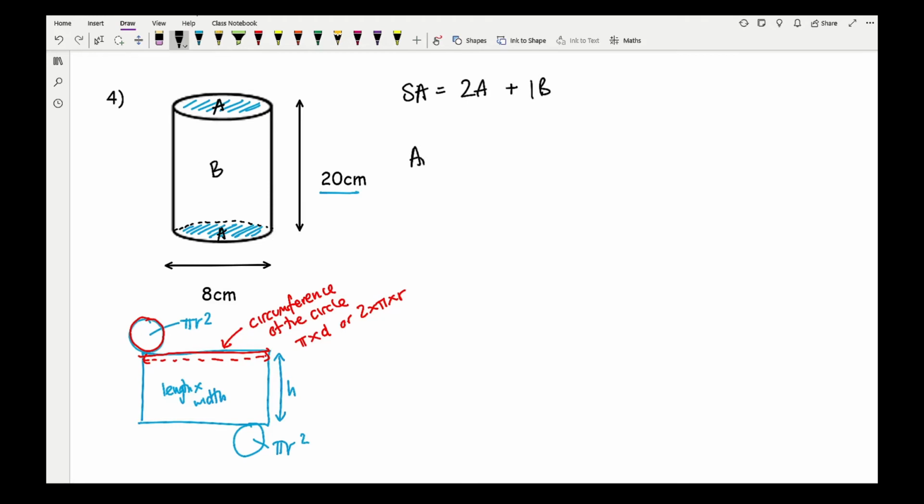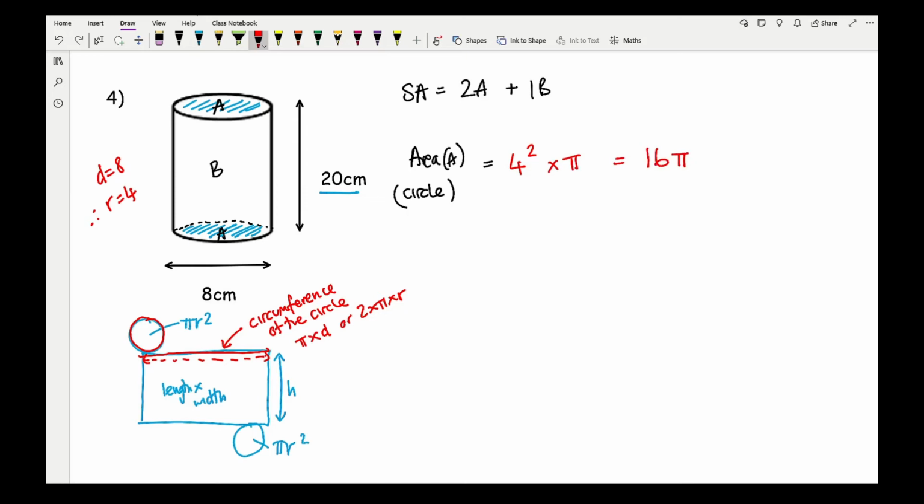Now looking at area A, which is a circle, what I've got is pi times the radius squared. Now the radius of this is going to be, well, if the diameter is 8, then the radius is going to be 4. So here I've got 4 squared times pi, which gives me 16 pi. And again, I could stick that into my calculator, or I can leave it in terms of pi.